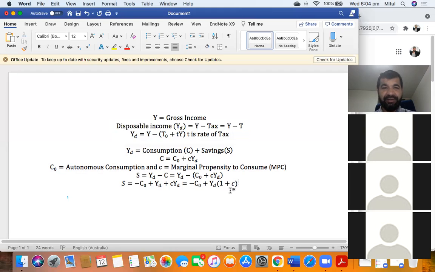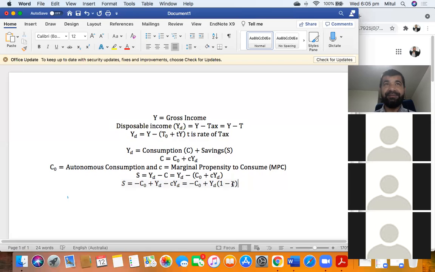So if you say this way, I think I made a mistake here. This should not be positive. This should actually be a minus sign. Because YD minus C0, it should be minus cYD. Now it's okay. Now you see here 1 minus c.